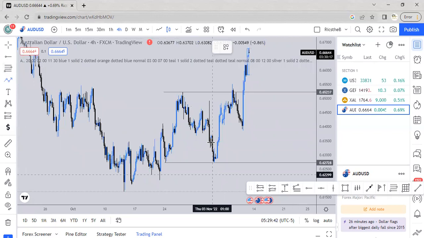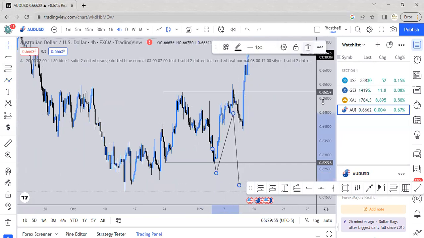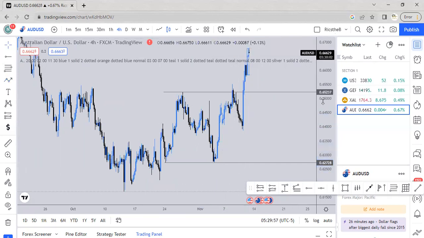If price had pushed down below this point, we would have said yes, we've broken structure, and maybe we should be looking for good pullbacks. Again, we'll learn about weak lows and strong lows, strong highs and weak highs, to be able to identify structure in a proper way.